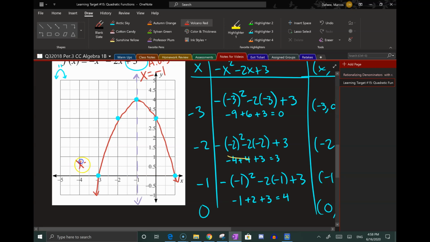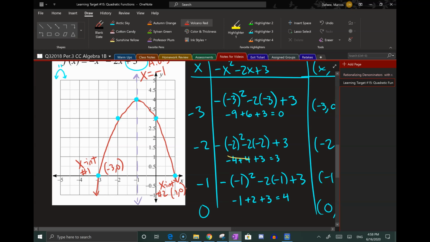So this is x-intercept number 1. It's located at -3, 0. This over here is x-intercept number 2, and it's at 1, 0. And there you have it, everybody.